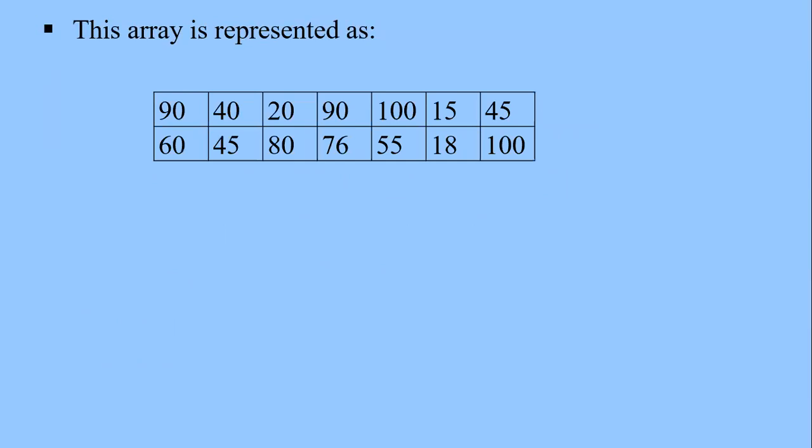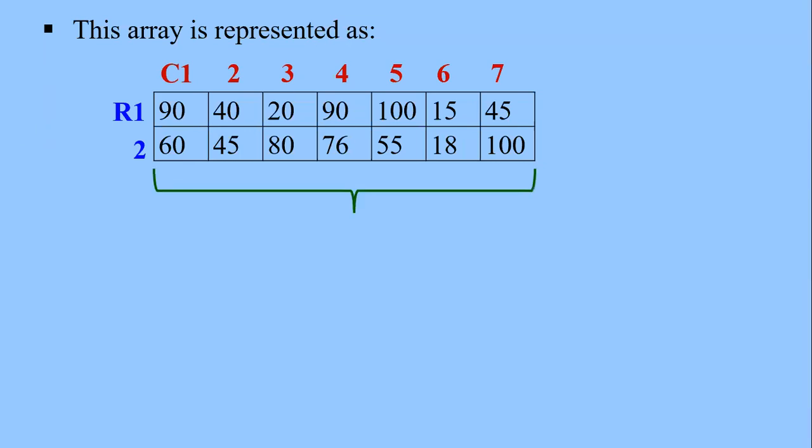This array can therefore be represented as follows, where we have our elements spanning from column 1 to column 7 and row 1 to row 2, whereby the elements indicated in the columns represent the scores attained, while the rows, that is scores in the first row and the scores in row 2, simply refer to the scores attained by the students.